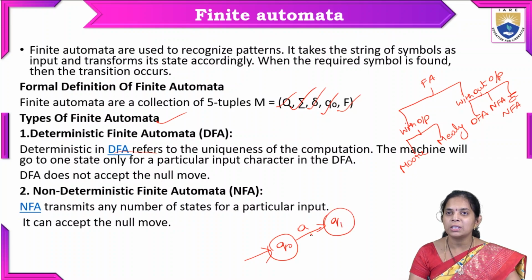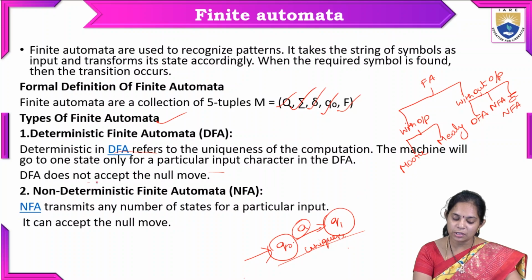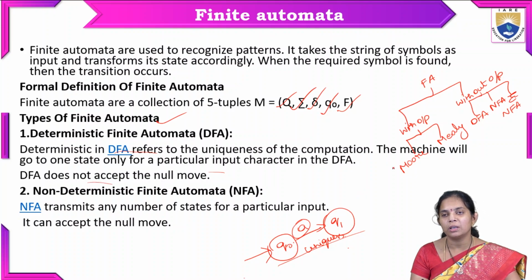So for this input symbol, from this state, it goes to only one state. This is the uniqueness. The machine will go into only one state for a particular input character in a DFA. This is about the DFA. DFA does not accept null moves.